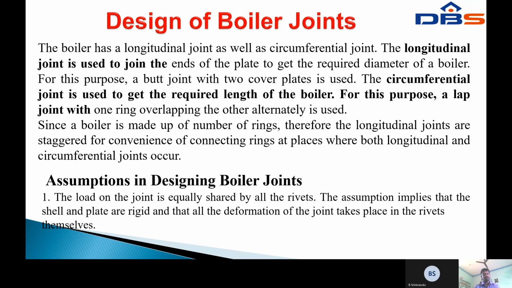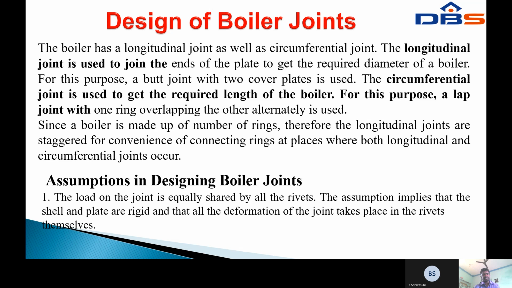The longitudinal joint is used to join the ends of the plates to get the required diameter of a boiler. For this purpose, a butt joint with two cover plates is used. The circumferential joint is used to get the required length of the boiler.